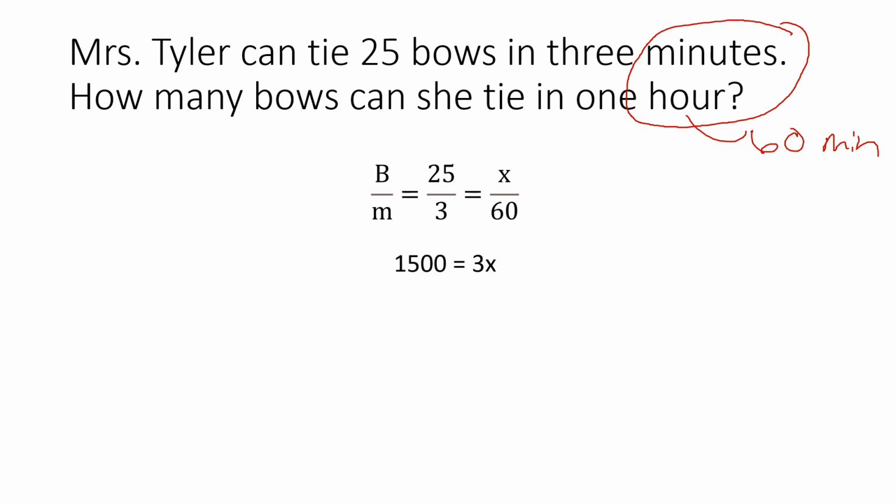You may not need to because my brain sees it. So 25 times 60 is 1500 equals 3x. I'm going to move that 3 over here, and when I do, I divide by it. So 500 equals x. She can tie 500 bows in 1 hour.